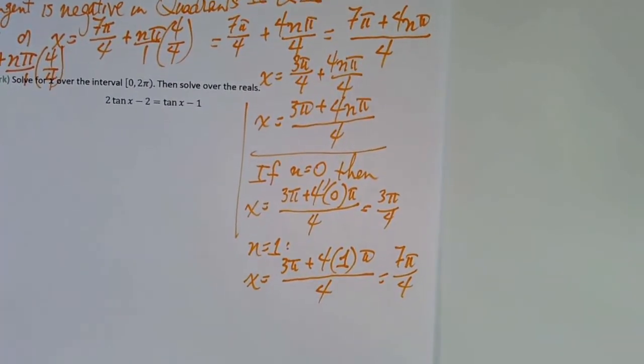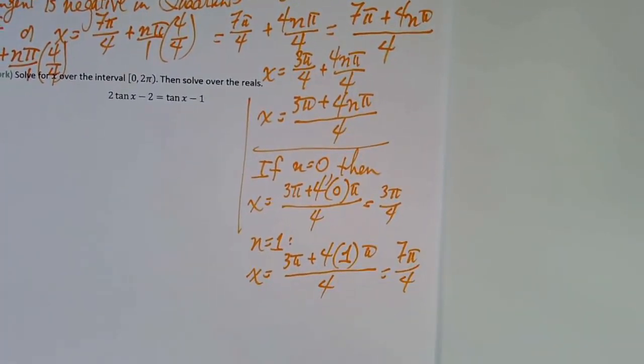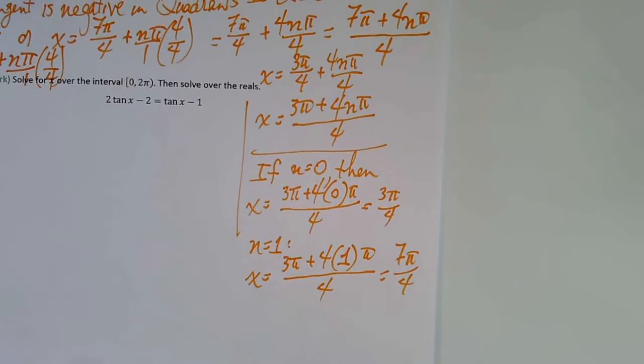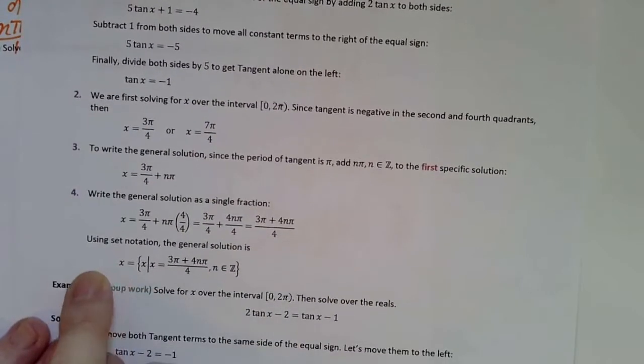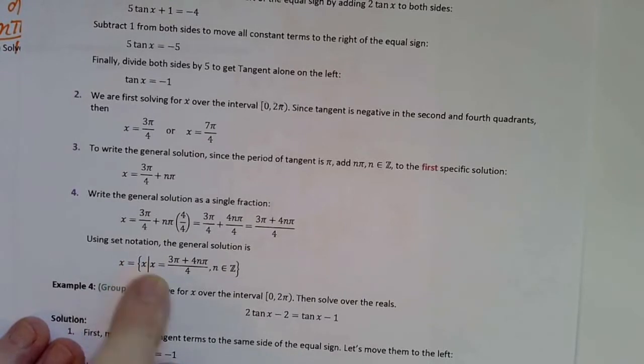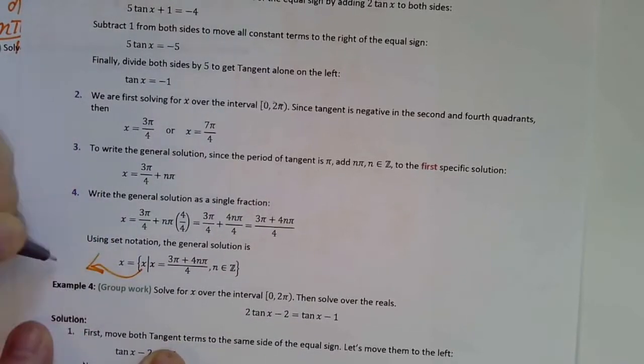So with tangent and cotangent, you don't need to list both values on the unit circle when you list the general solution. In this case, our general solution is going to be all of the x's. This first part says all x's.